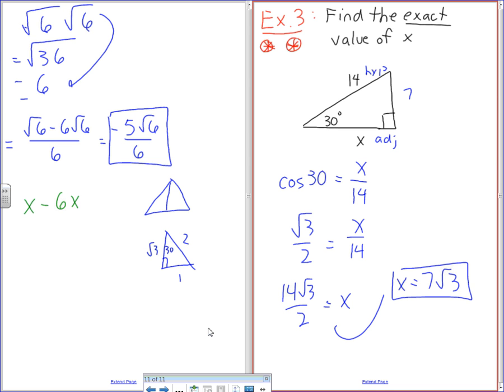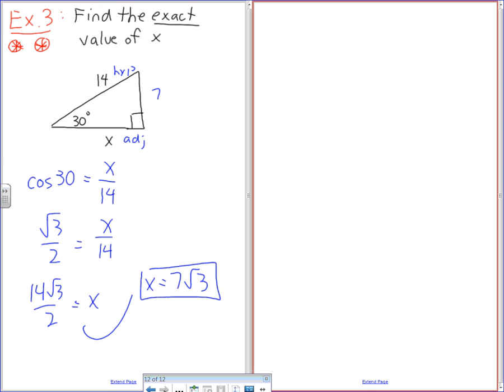The other way you could have done it is, from here, you could have said x equals 14 times cos 30. Now, in your calculator, you know that cos 30 is 0.866, but I'm not using that. I'm just saying that's root 3 over 2. Cos 30 is my special triangle, so it's going to be 7 root 3.